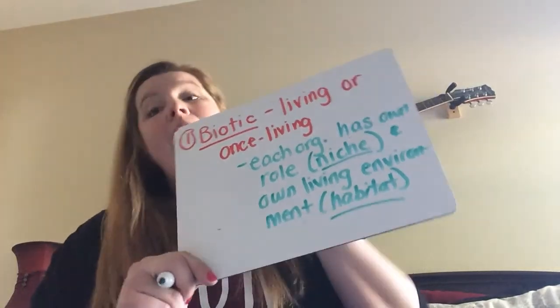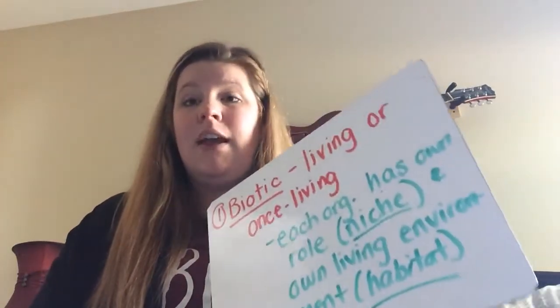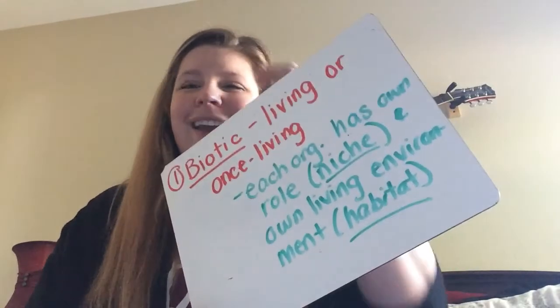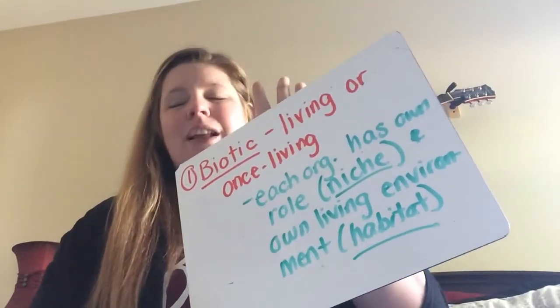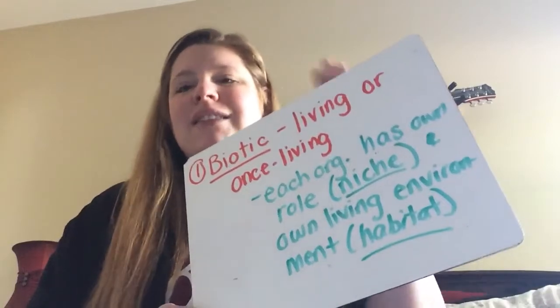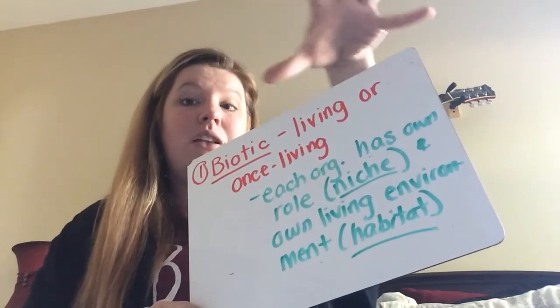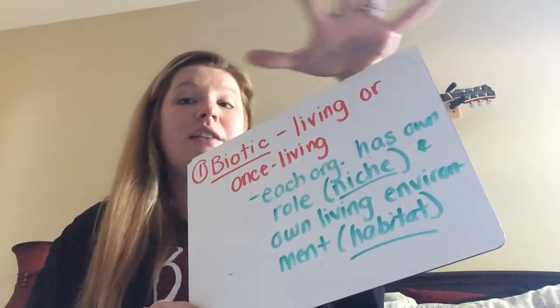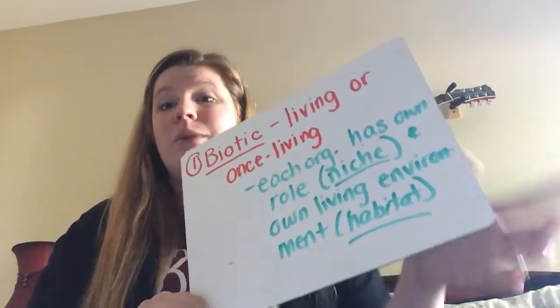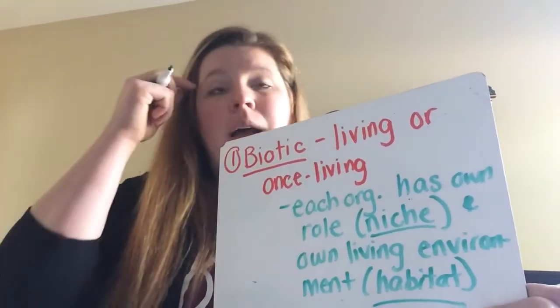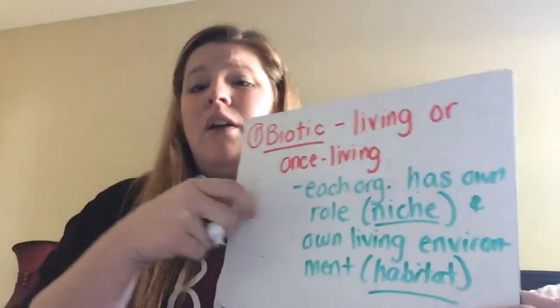That habitat might be like a rabbit has burrows underground or a hole somewhere in a hill, and that's its habitat. It's where it lives. And outside of its one habitat where it lives, it's also anything it interacts with. So if it eats something, if something eats it, then that's all part of its habitat.